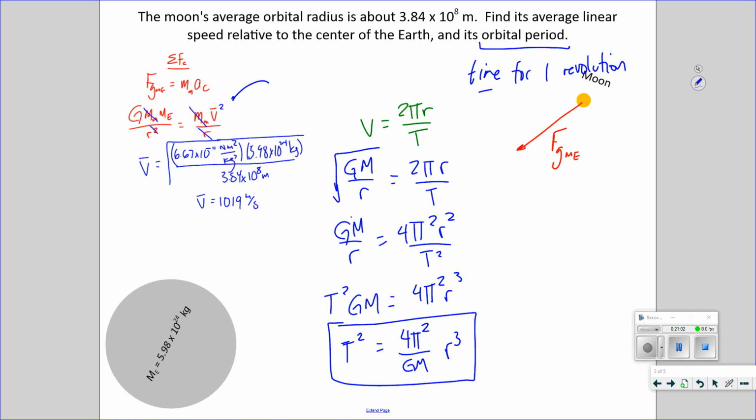That led Newton to have to develop calculus to talk about the fact that GMm over R squared, that gravitational force, was not constant because R wasn't constant in an ellipse. And so that developed a whole enormous branch of mathematics. But anyway, one of Kepler's laws is that planetary orbits are ellipses.